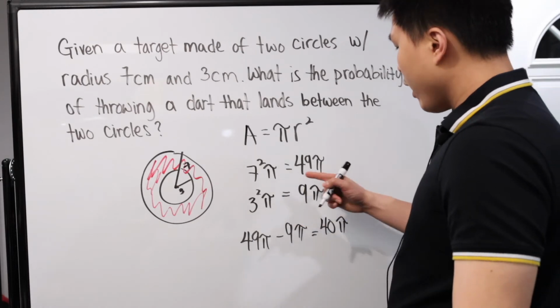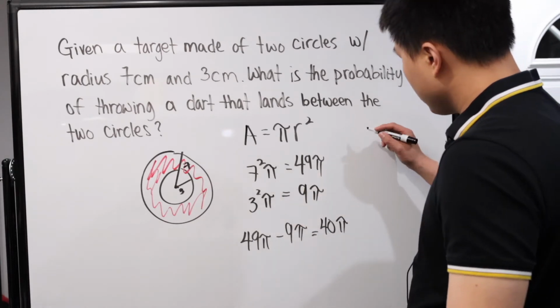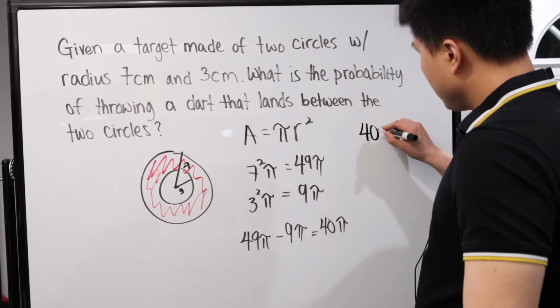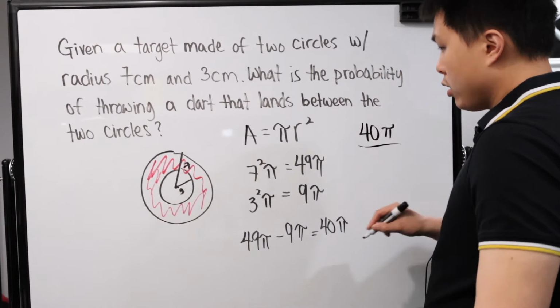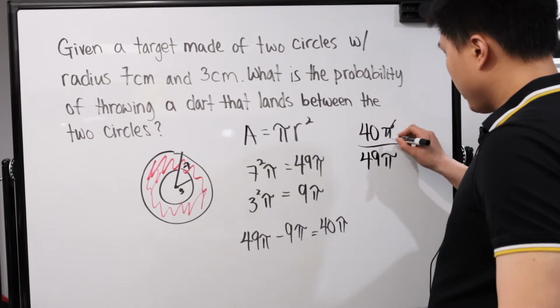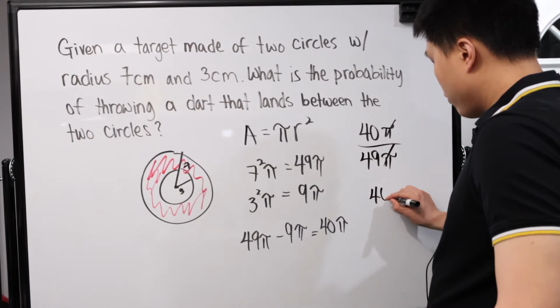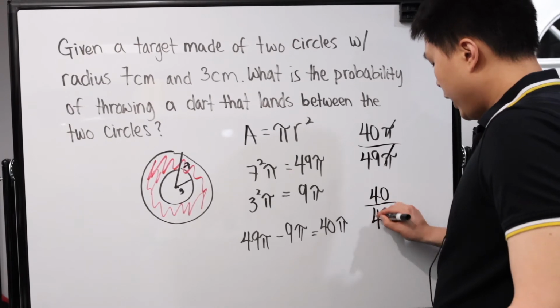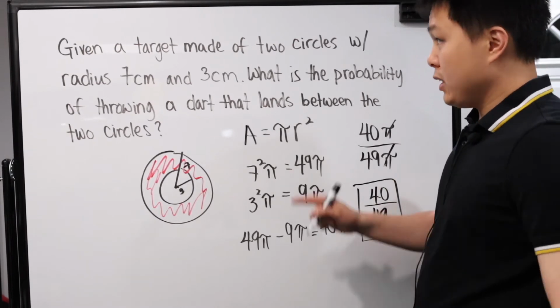So in that case, we already have that. Our desired is 40 pi. The total possible is 49 pi. The pi goes away. So technically we have 40 over 49 as our probability for this problem.